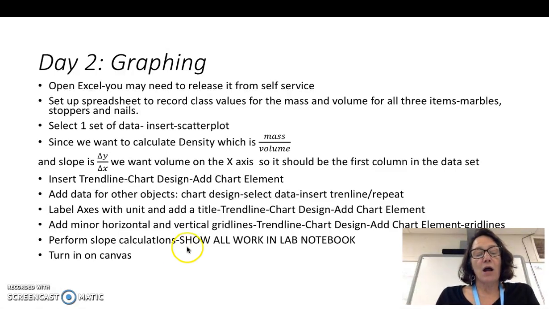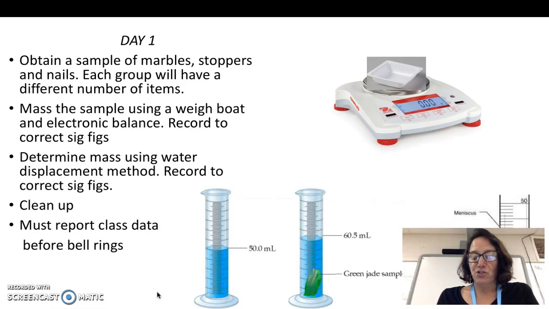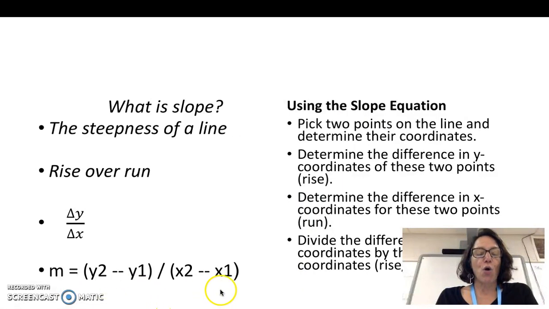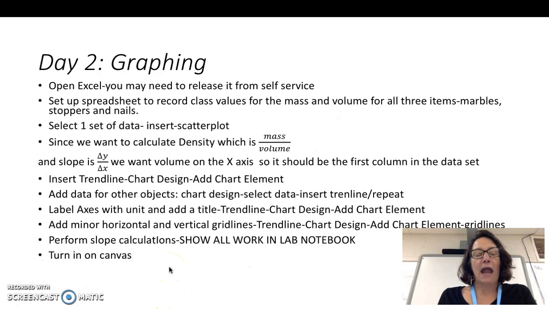I'm going to show all of the work for how I perform the slope calculation as we just reviewed. I'm going to show all of this work in my lab notebook for the coordinates that I read off my graph. I do not want to use just two coordinates from my lab data.